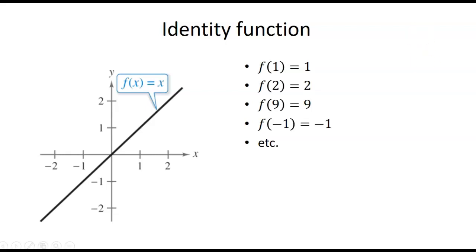F of any number x is just that same number x. And the graph of that function is this straight diagonal line. So every point on this line has its y-coordinate and its x-coordinate the same. You've got points (0, 0), and (1, 1), and (2, 2), and (-1, -1), and so on.